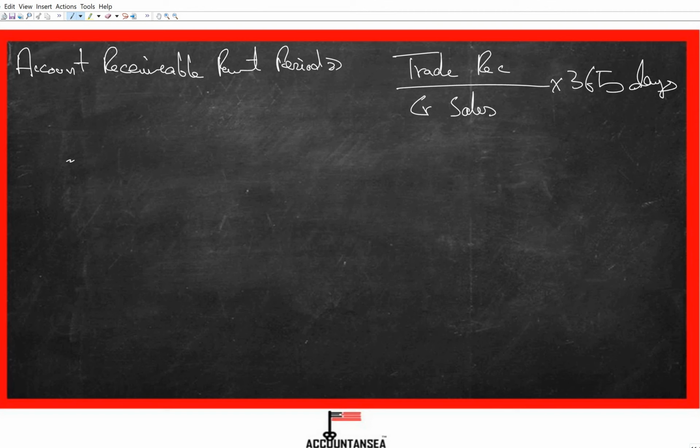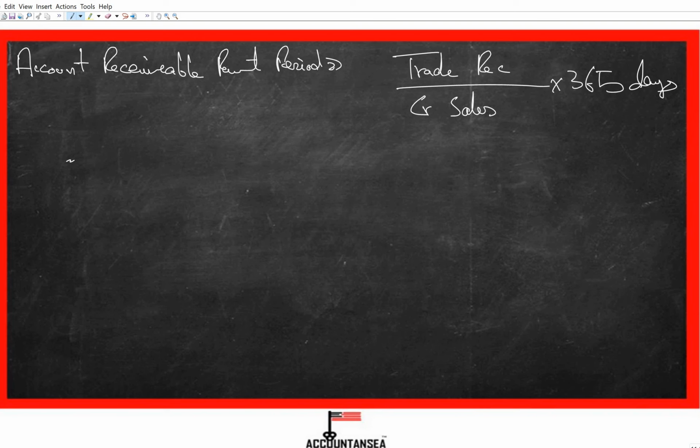It helps us assess how many days it took us to get our receivables from the customers. Obviously if it is too high, that means we are struggling to get our money back from the customers, and it's not a good sign.